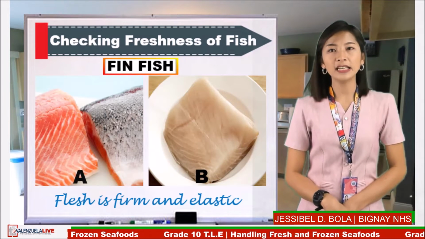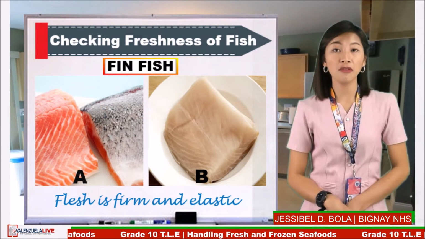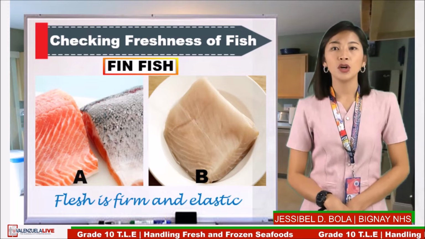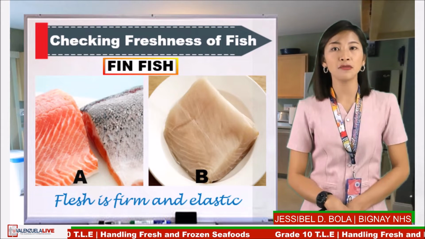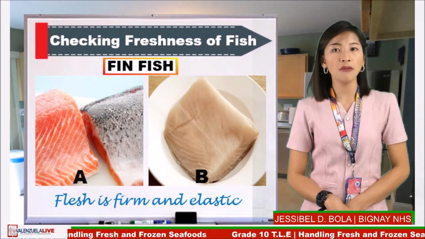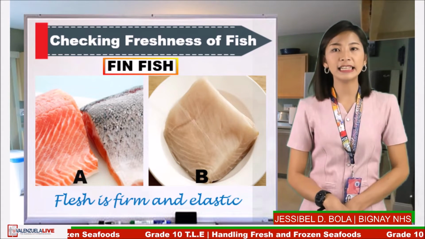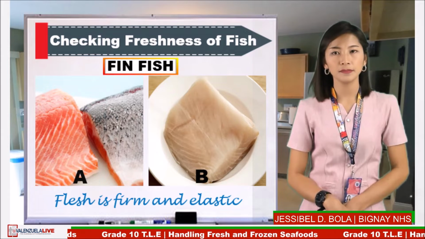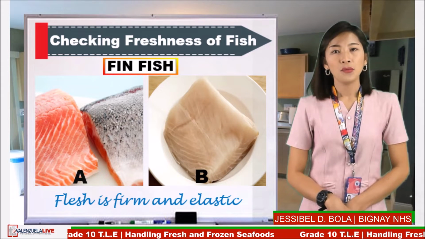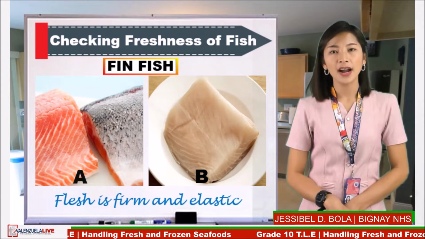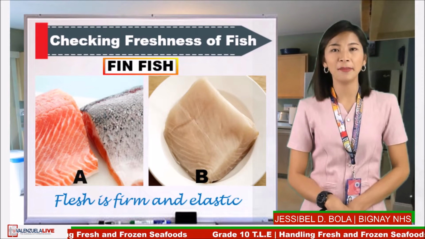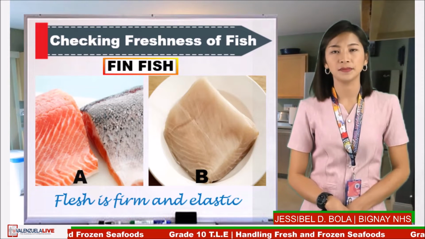The fourth thing to check is the flesh. Fin fish is fresh and good enough if its flesh is firm and elastic. With the two pictures there, which one has a firm and elastic flesh?